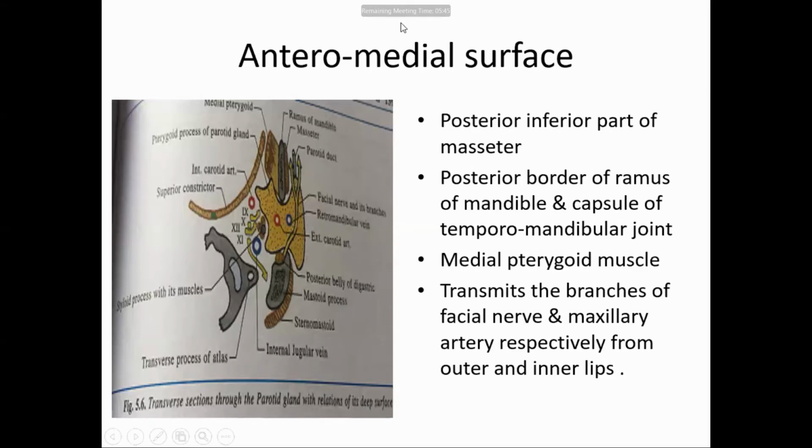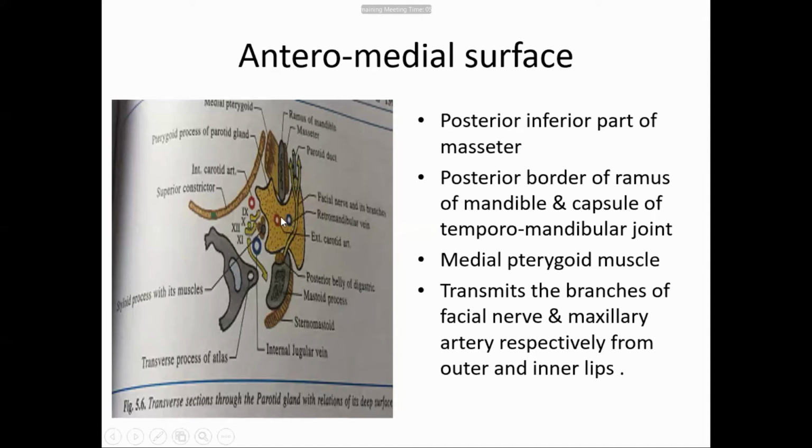Now the anteromedial surface. This deep part is the anteromedial surface. It is related with the ramus of the mandible, masseter muscle, medial pterygoid muscle, then the facial nerve and the maxillary artery.